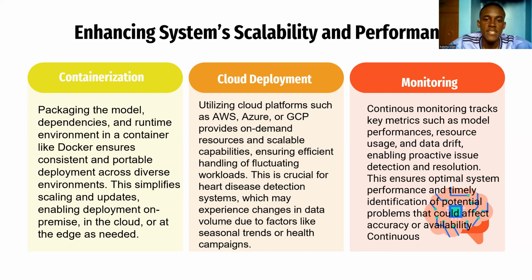Cloud deployment is utilizing cloud platforms such as AWS, Azure, and GCP. This provides on-demand resources and scalable capabilities, ensuring efficient handling of fluctuating workloads. Monitoring. Continuous monitoring tracks key metrics such as model performance, resource usage, and data drift, enabling proactive issue detection and resolution.